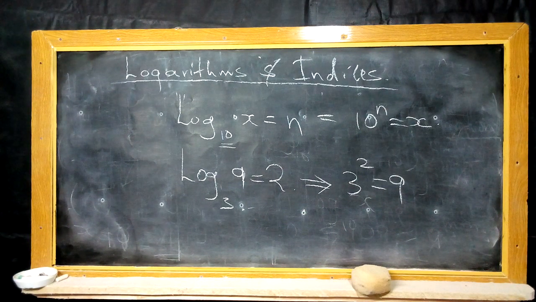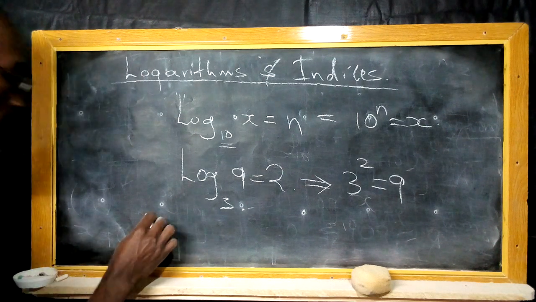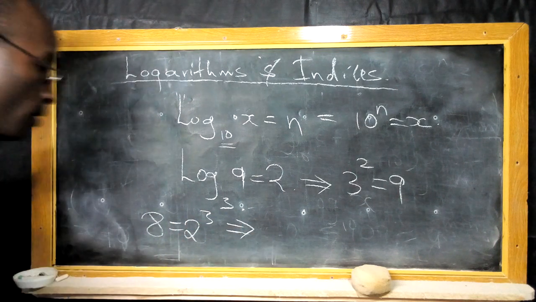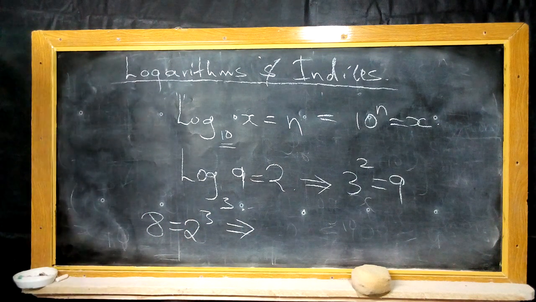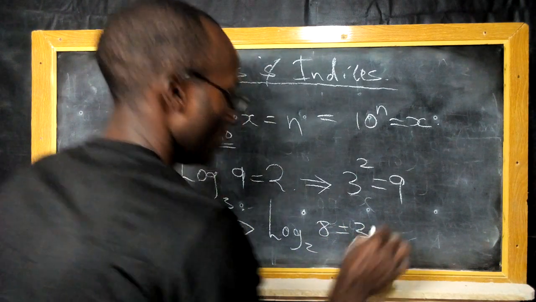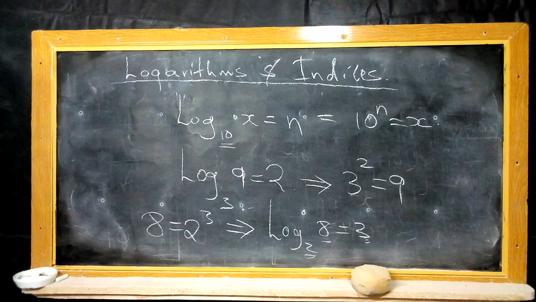Similarly, if we are given an equation which is 8 is equal to 2 raised to power 3, then we can rewrite this in form of logs as log to base 2 of 8 is equal to 3. So 2 raised to power 3 is equal to 8. That's how we do an interchange from the indices, the exponential expressions, to logarithmic functions.